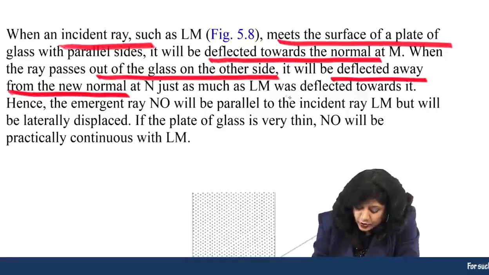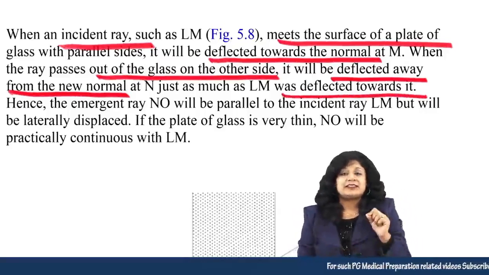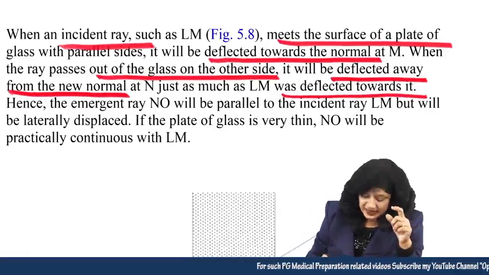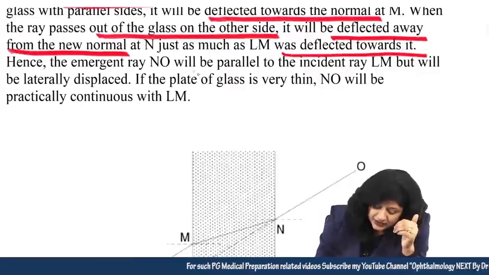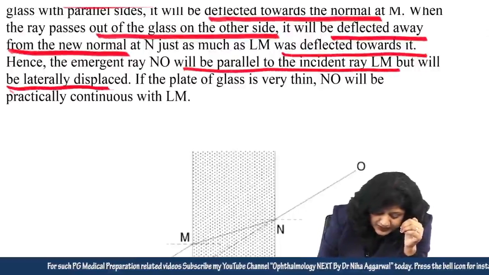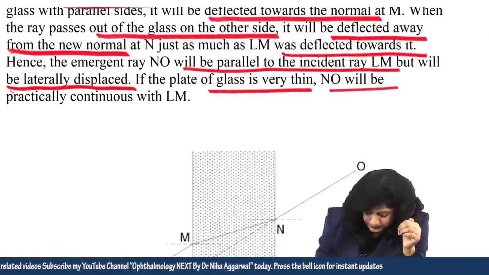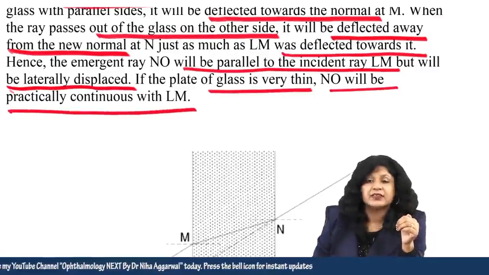So the emerging light will be parallel to the incident ray but will be laterally displaced. If the plate of glass is very thin, then this will be practically continuous with the incident ray only.